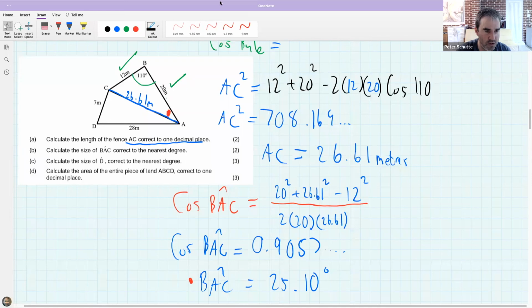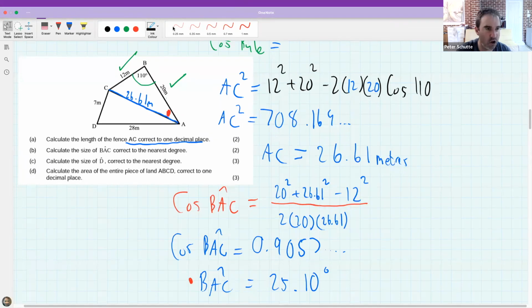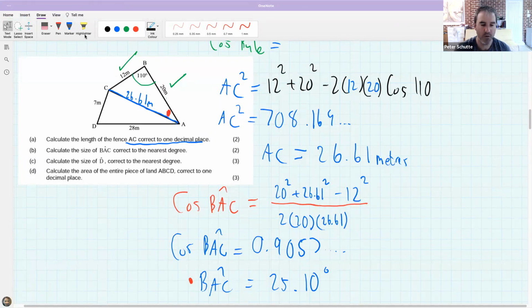What we're going to do now is we've got BAC and it's 25.10 degrees. That's this one over here. The next question asks us to find D, which is over here. And then it says, after you find D, you need to find the area of this entire land piece, ABCD.